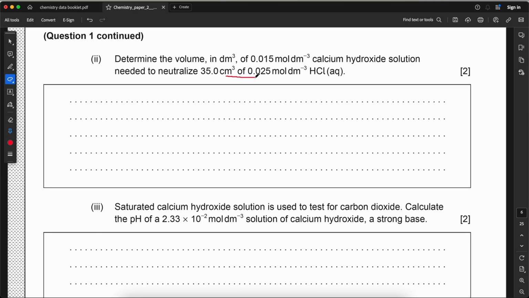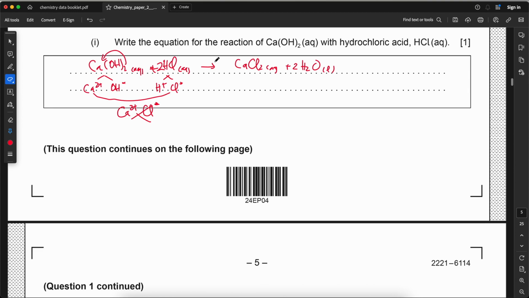From this, we can get mole of HCl, which is C times V, 0.035 decimeter cube times 0.025 mole per decimeter cube. You will get 0.00088 mole.